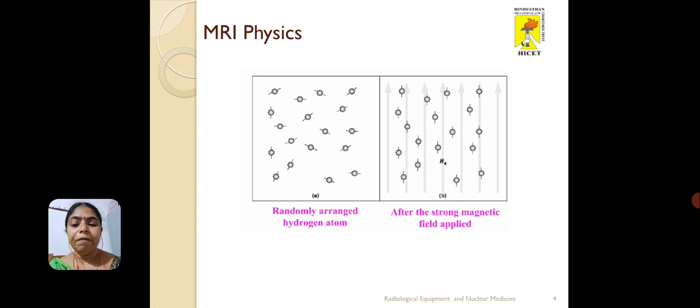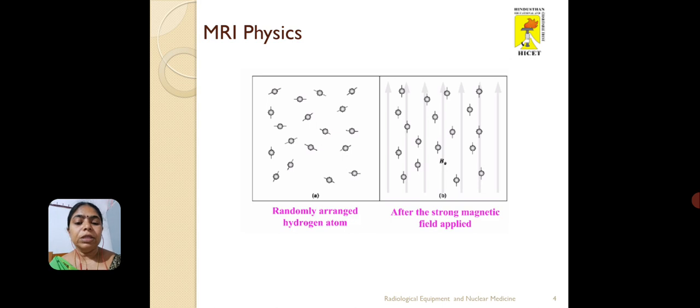Once we apply the strong magnetic field, look at the second picture: the atoms line up either north or south. But there will be a few unmatched atoms that won't align in any direction.